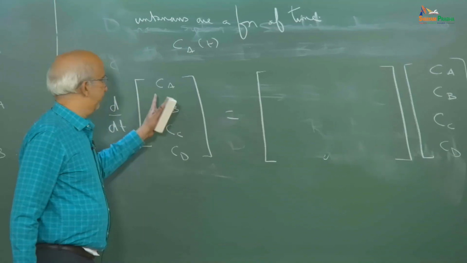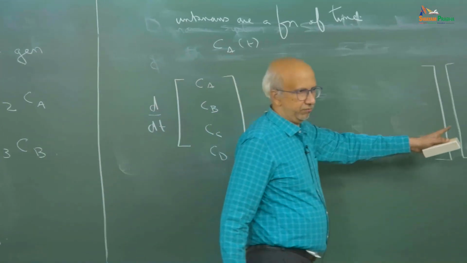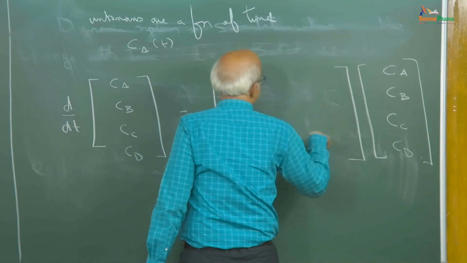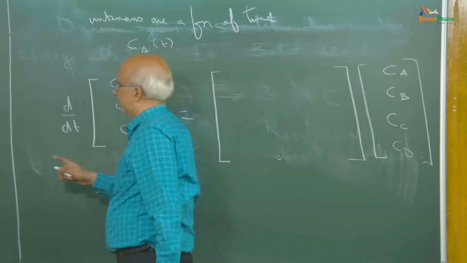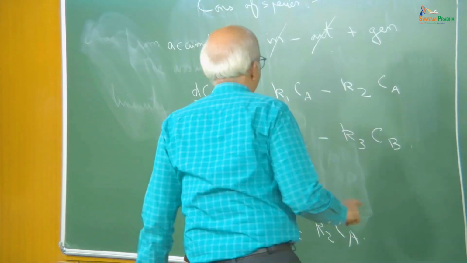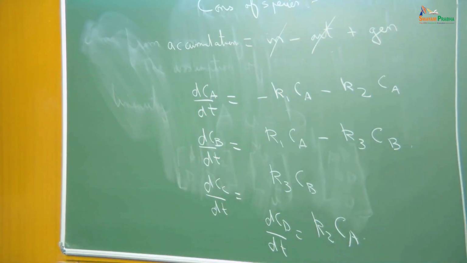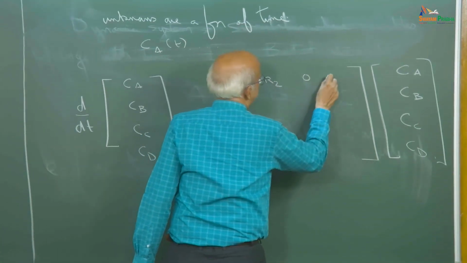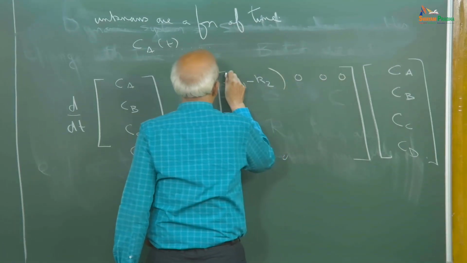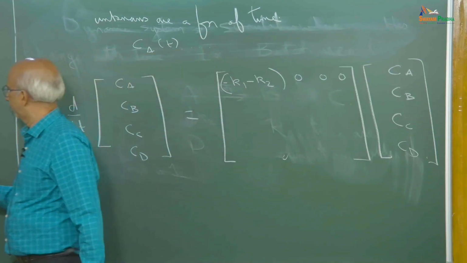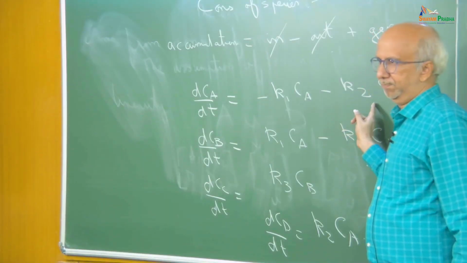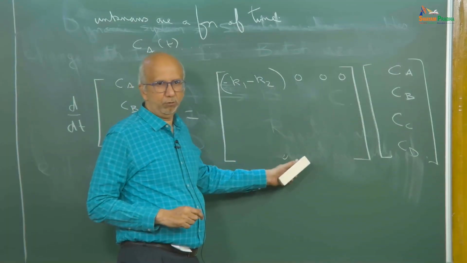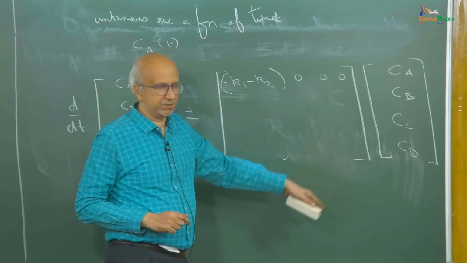So again this is a vector, this is a function of time, this is also a function of time, and I have to get this matrix here. So the first one has only d dt of CA, has minus k1 minus k2 0 0 0, okay. So this is going to be a 4 by 4 matrix, we have 4 variables now.